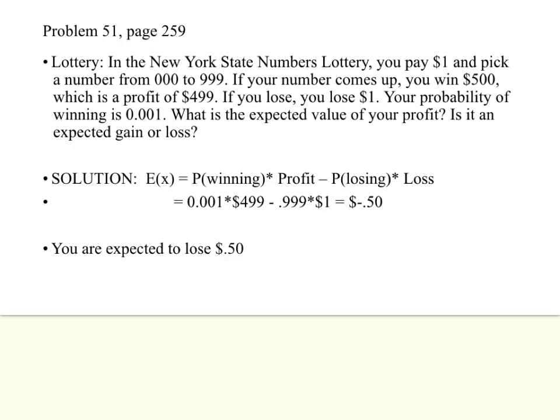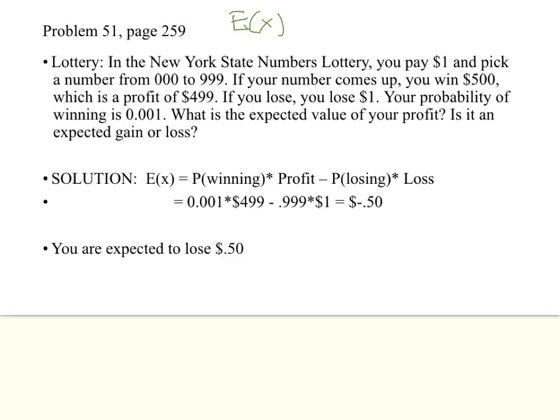Also in this section, we were looking at something called the expected value, which is nothing more than the mean value, but the expected value deals with profit and loss. So in problem 51 on page 259, the lottery, in the New York State lottery system, you pay $1 and pick a number from 000 to 999.